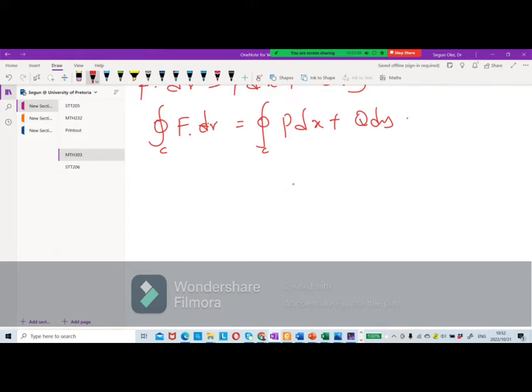In examples, there are two things. There's this example that is normally a bit common, but I want us to do it. Number one, I said verify. They can ask you to verify Green's theorem. I'll just write the theorem like this.